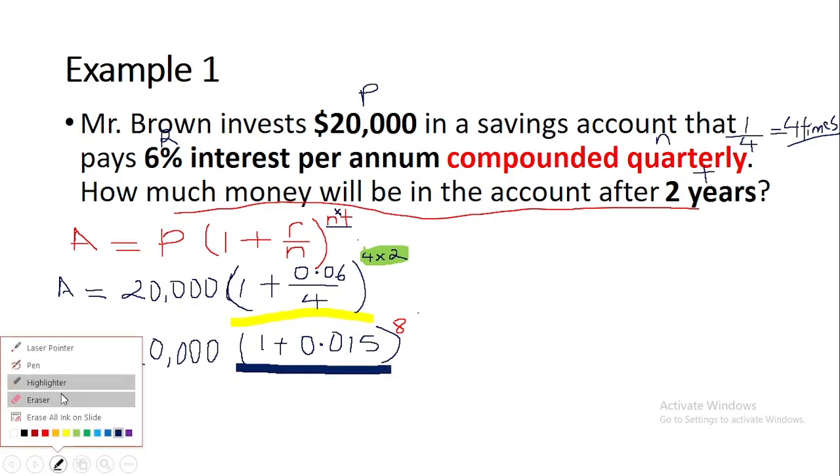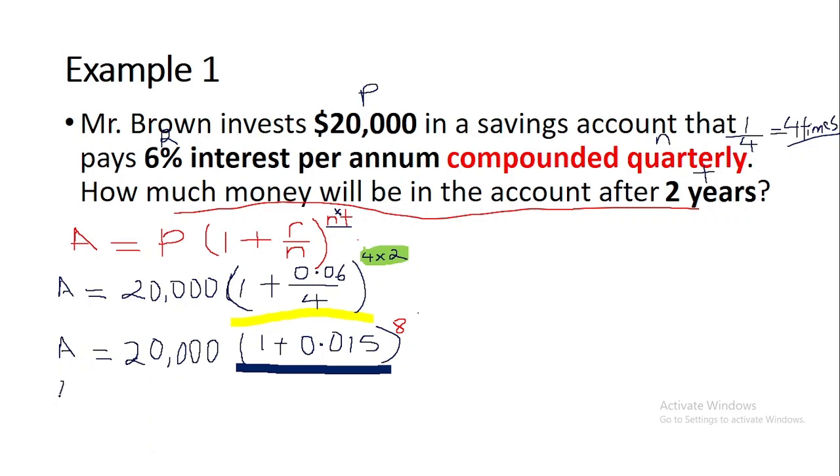A, which means total amount, is equal to 20,000 times 1.015, all raised to the power of 8.